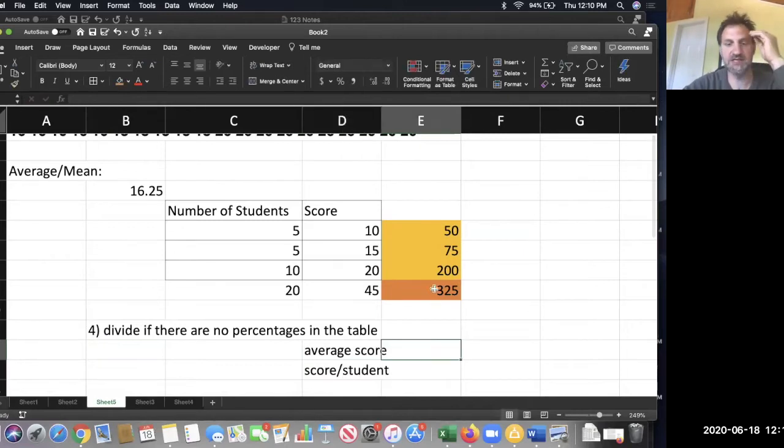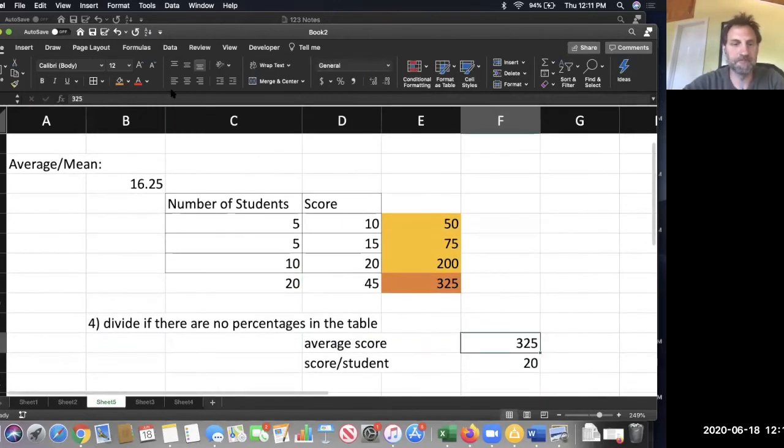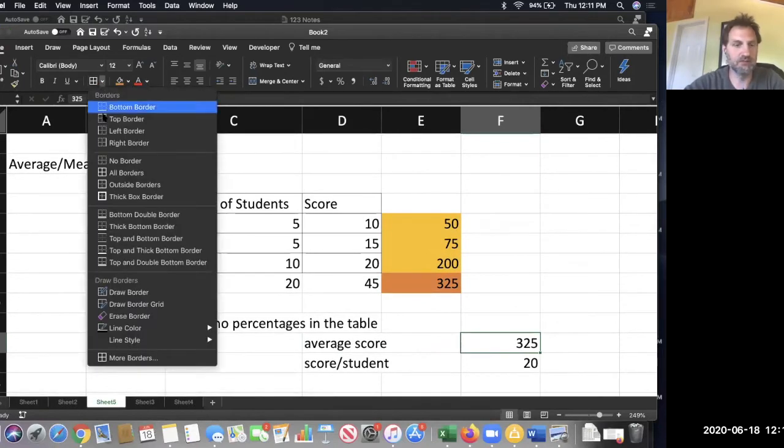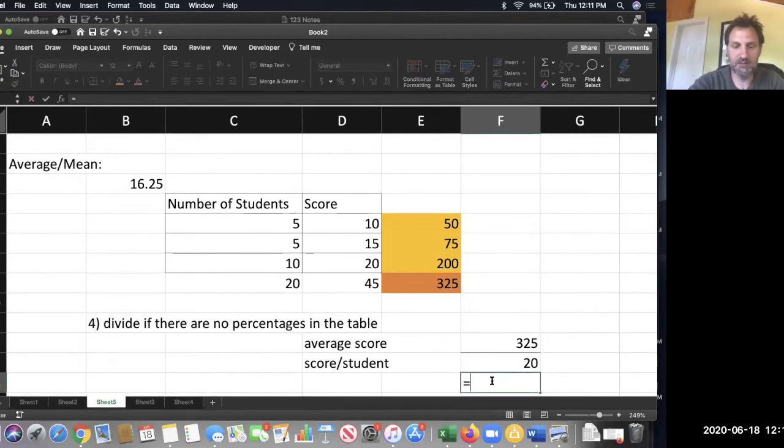So that tells me that I want to take this 325 and divide it by the 20. 325 divided by 20. And that is going to give me my 16.25.